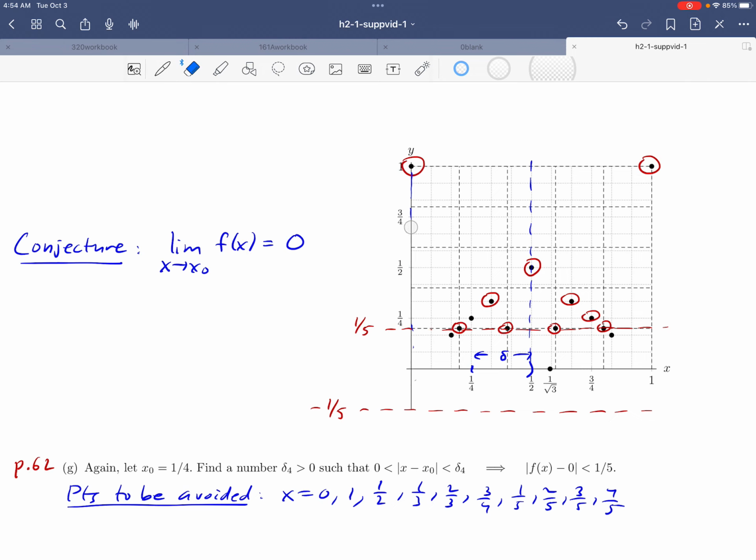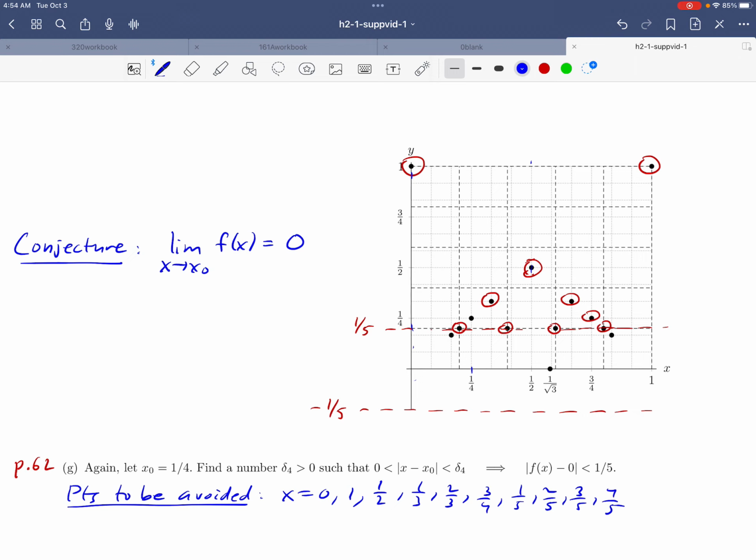So let's erase this like we did last time. And this delta is going to need to be really small because we're going to need to avoid this point right here that's relatively close to our starting point of 1/4.